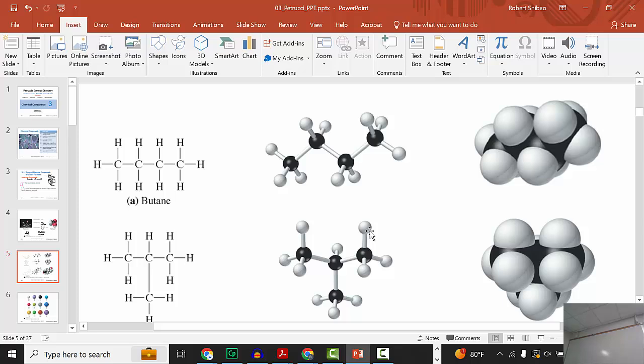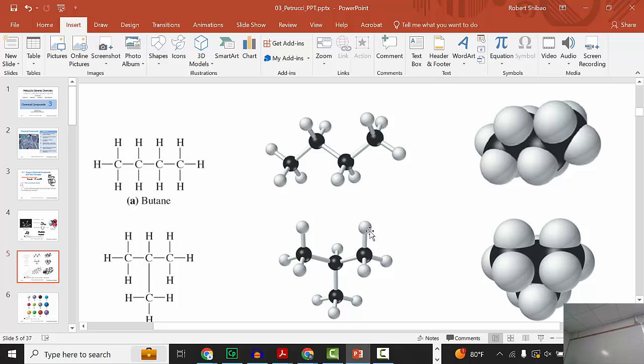How many carbon atoms are in this chain? 4. And that gives me the parent name. You know what the parent name is on this? But. But means 4 carbons in a chain. And then the ane tells me something else. So this is butane. And this would be the ball and stick model. This would be the space filling model here.